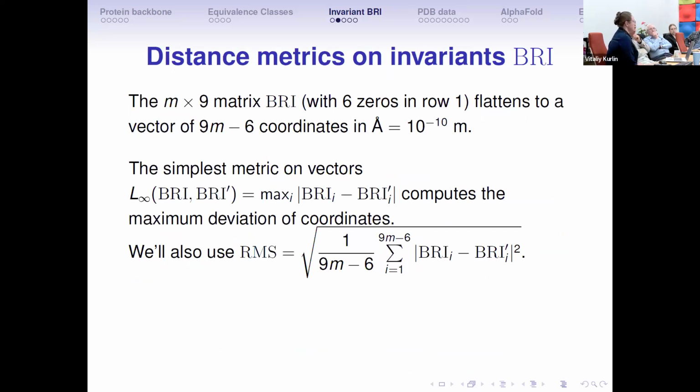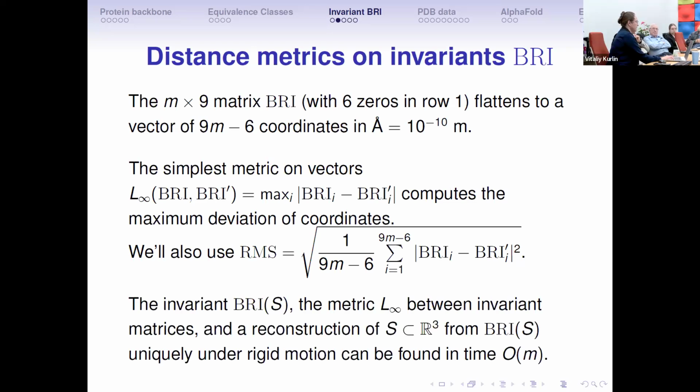Well, I've promised distance. So the distance that we've considered is the L infinity distance, which allows us to quickly compare different shapes, rigid forms. L infinity is just the maximum absolute difference between them. But it can also be handy to use root mean squared, and all considerations are repeatable for root mean squared, but we've formulated and proven everything for L infinity.